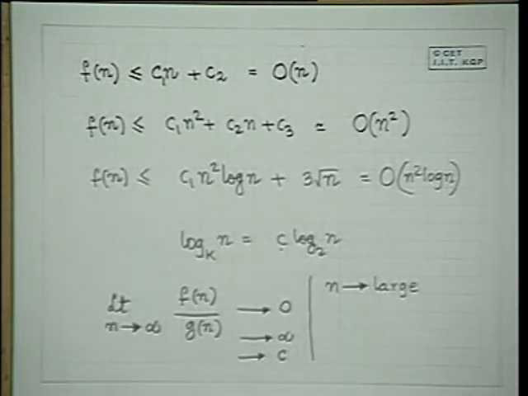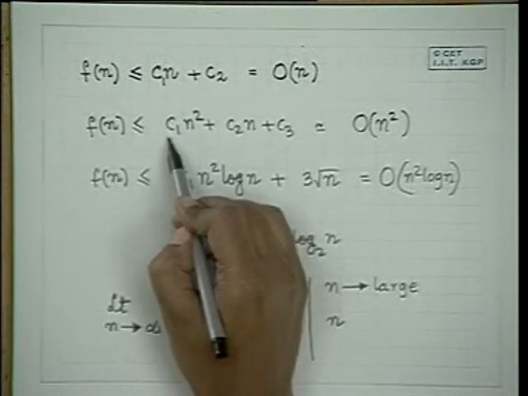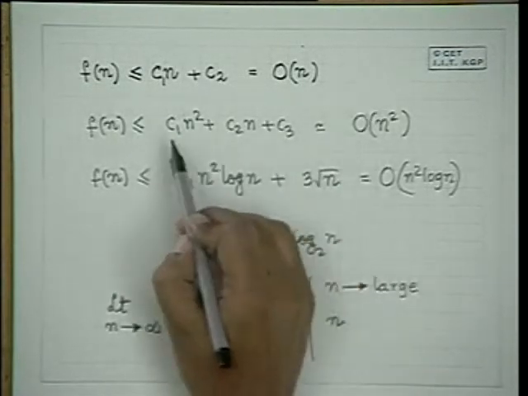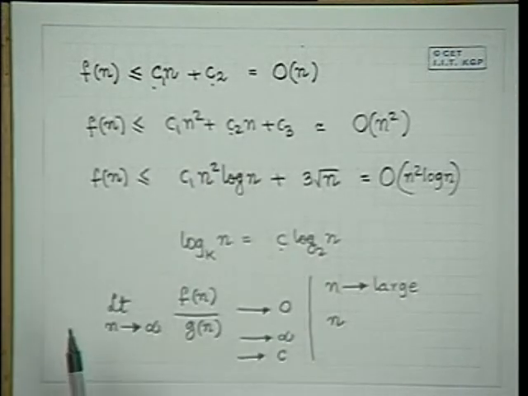On the other hand, when n is small, then obviously you cannot make this comparison and you will have to find out the exact constants.